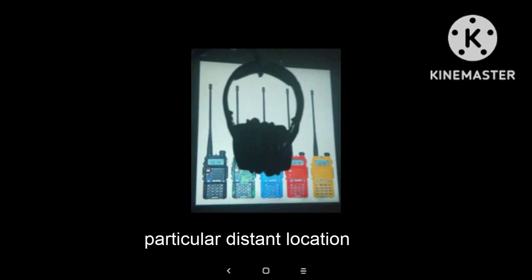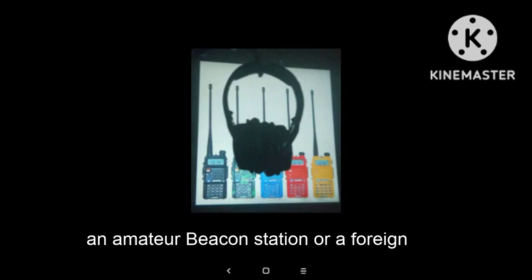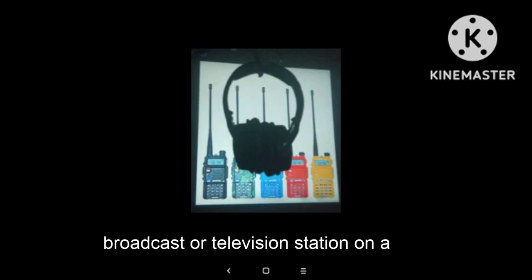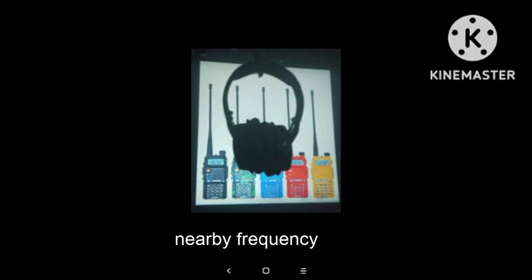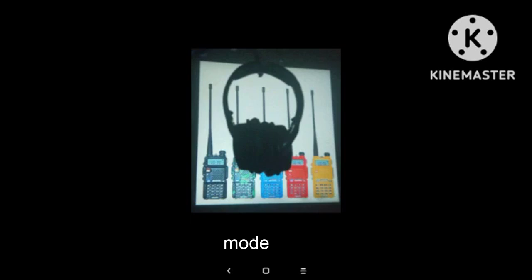Number 2. What is the best method to tell if a band is open for communication with a particular distant location? Listen for signals from that area from an amateur beacon station or a foreign broadcast or television station on a nearby frequency. Number 3. Which of the following is not a scatter mode? Inverted scatter. Number 4.